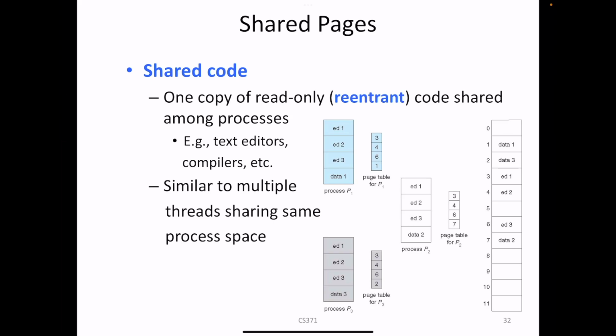Actually, in this example, the 3 processes are sharing the same pages on the main memory. However, their data are stored on different frames. For example, on your computer, you open 3 Word instances, one for writing assignment questions, one for answers, and the other one for a project report. For these 3 Word processes, they share the same Word instructions, but you are working on different data.